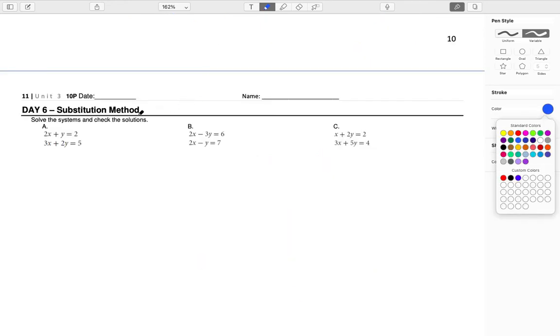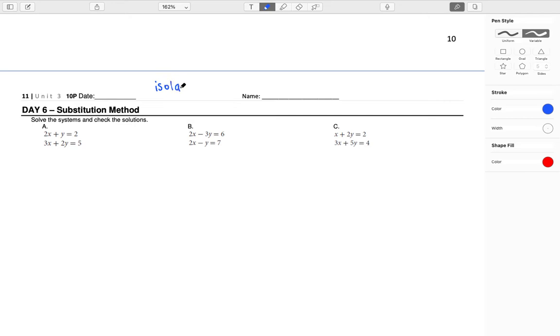Now for the substitution method, what you want to do is a little bit different. We're not aligning a variable. Instead, we want to isolate one of the equations so that x is equal to something, or you could do y is equal to something. It's up to you, okay?